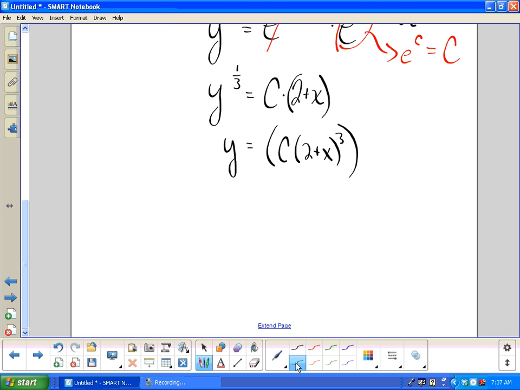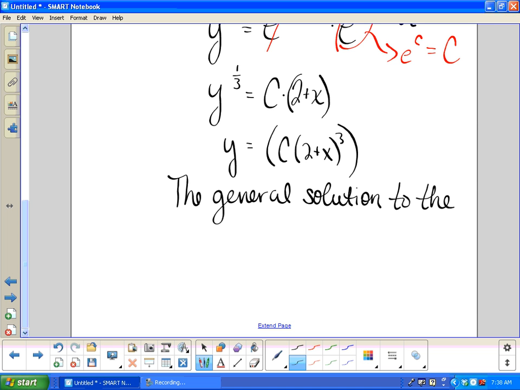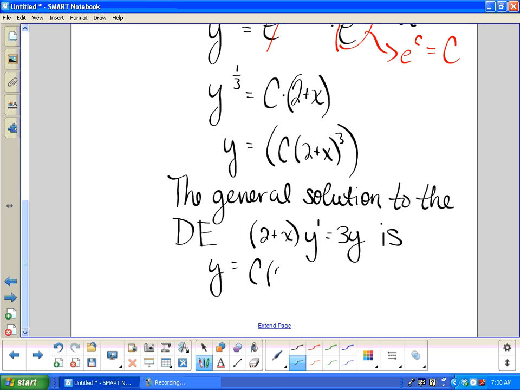So let's say this, the general solution to the DE 2 plus x, y prime is equal to 3y, is what we got up here: y is equal to c times 2 plus x all cubed.